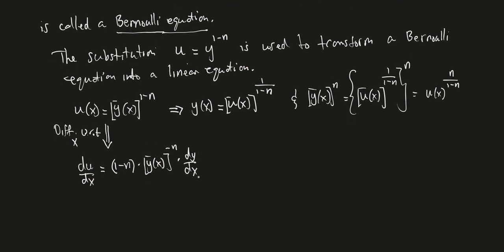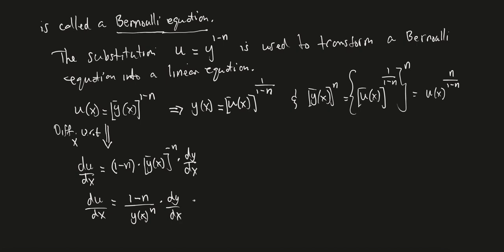This is fairly easy to solve for dy dx, and I'll do it in a couple stages. Let's say we have du dx. And now with the y of x to the negative nth power, I can use my reciprocal property, and I'll end up with 1 minus n over y of x to the nth power, and then times dy dx.